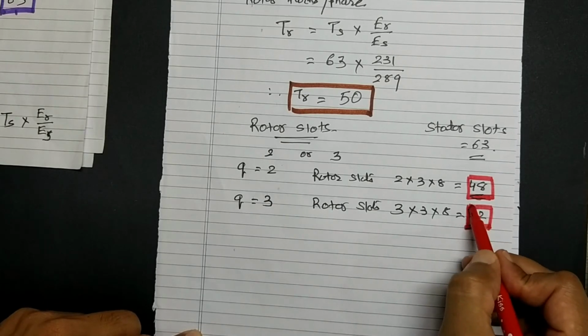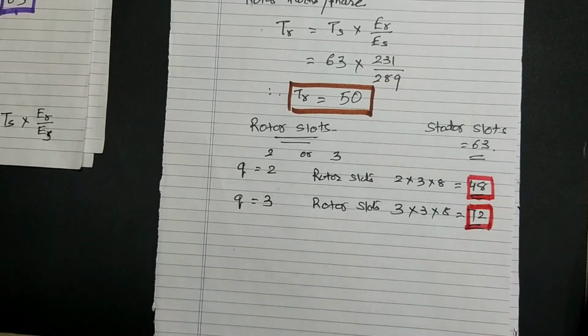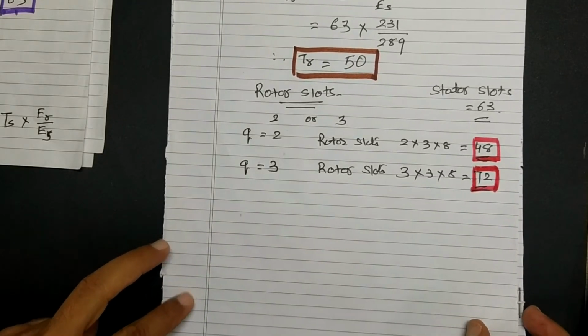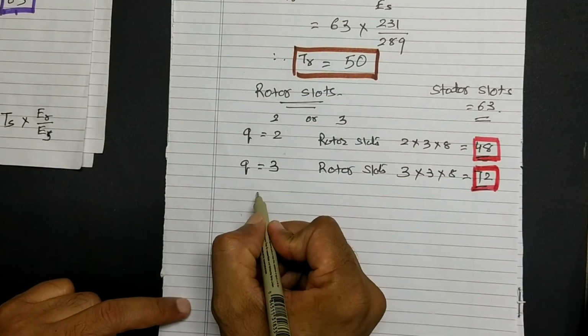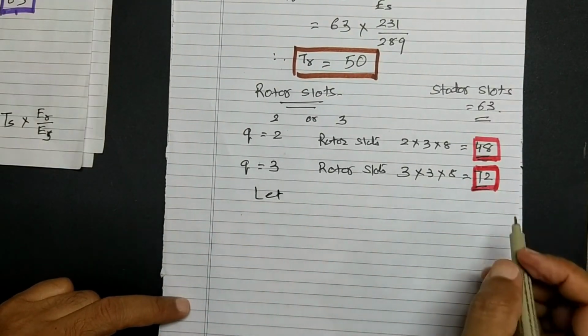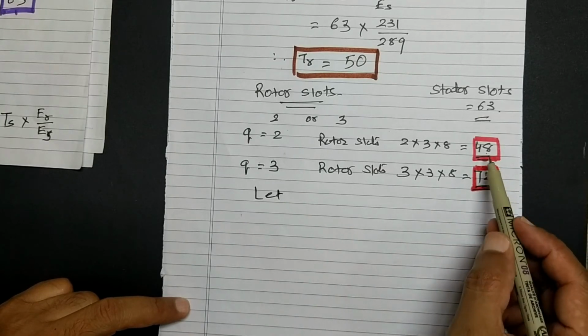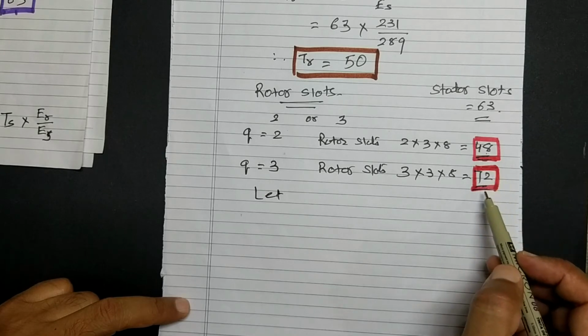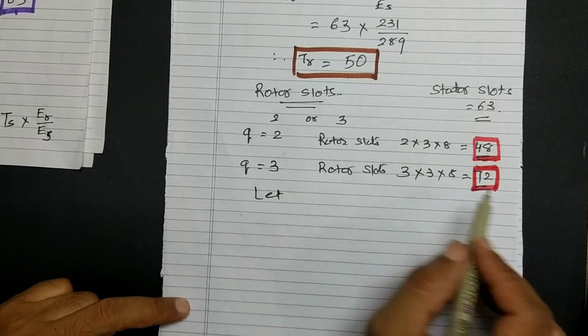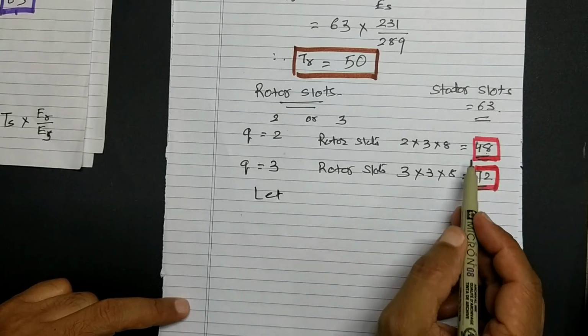Any one of these numbers of rotor slots we can take in our example. There will not be much change in the ultimate results. So for example, we start with 48 slots. As I said, we can take either 48 or 72. Any one of the rotor slot numbers can be taken, right? There is no constraint for taking either way.